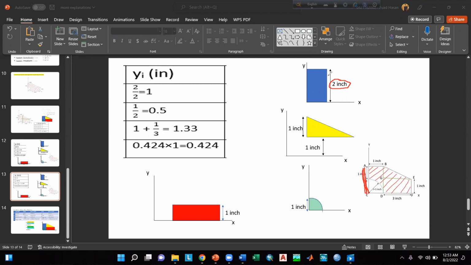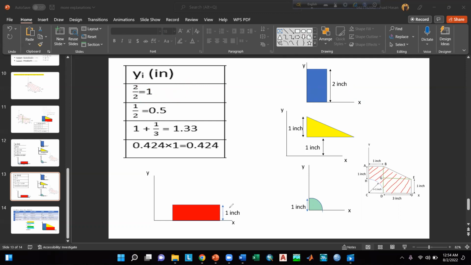It will be located at a distance of 2 by 2 inch from this x-axis, and it will give a result of 1 inch. Here the width was 2 inch, so the formula is b by 2 from the reference x-axis, and the final result is 1 inch.